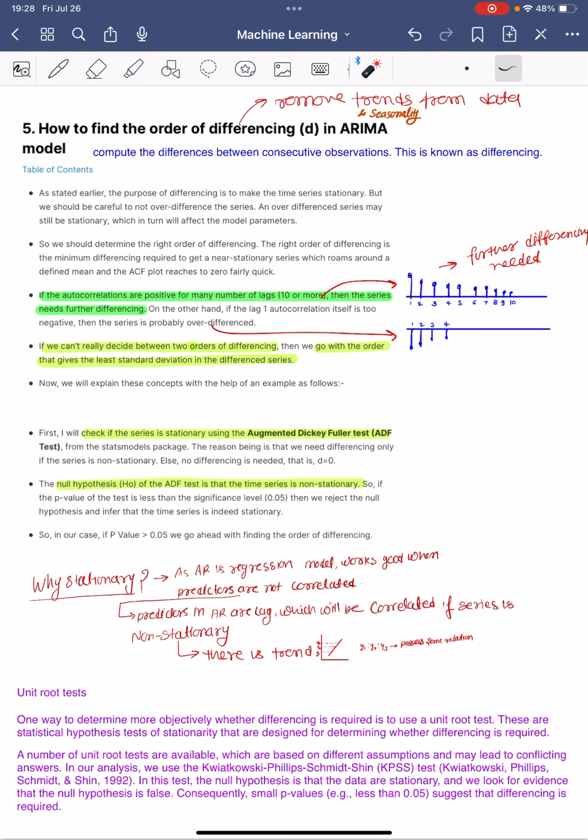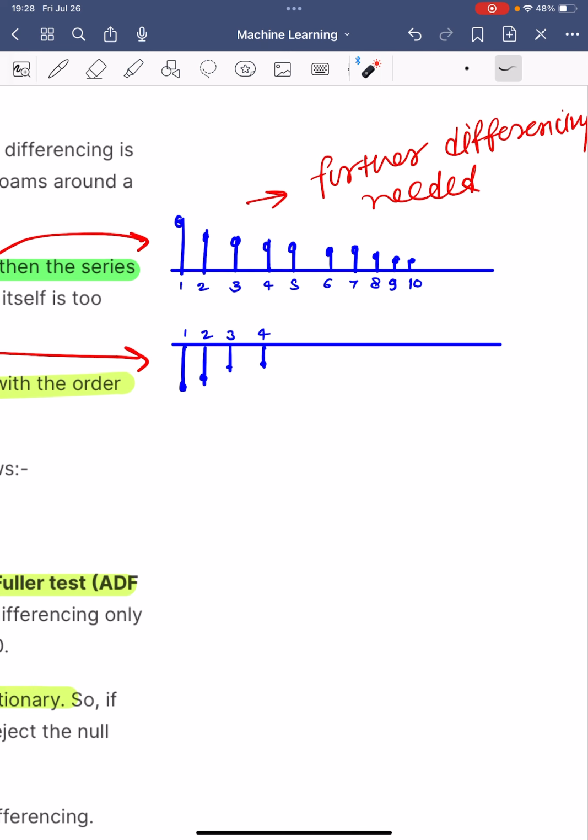So how to check the number of differencing we need to make the series stationary is using the correlation plot. So the autocorrelation factor we can see here. I will show you. This autocorrelation factor at lag 1 shows some height, lag 2 shows some height, lag 3, and you can see it is decreasing, right?